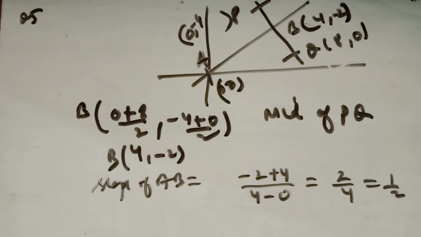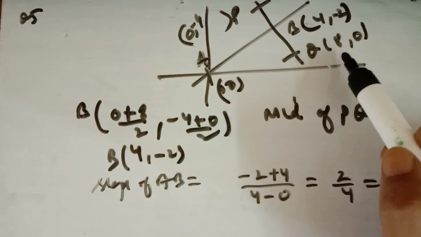So this is the slope of the line which is passing through the origin and the midpoint of the line segment PQ, whose coordinates are given as (0, minus 4) and (8, 0).